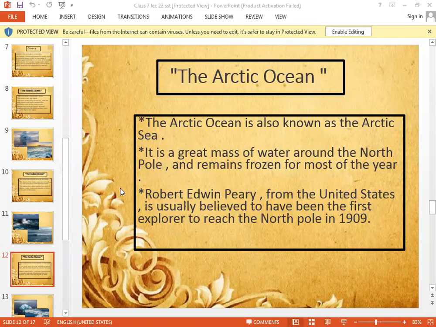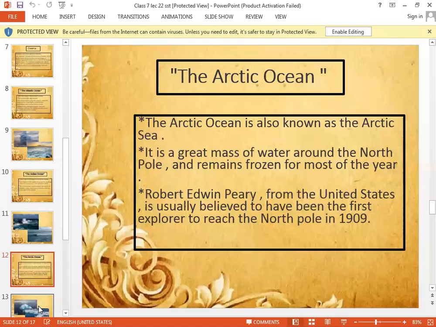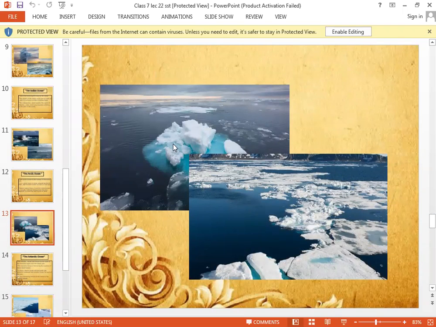So a very important thing is that this ocean remains frozen, as you can see in the picture on your slides, that most of this ocean remains frozen throughout the year. Is it clear? So you can see the beautiful picture of frozen sea water here.